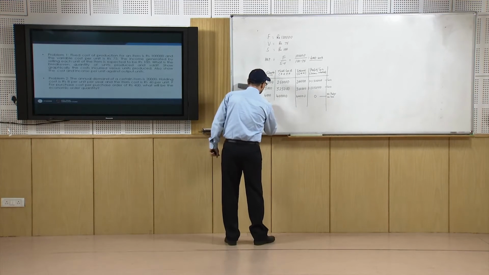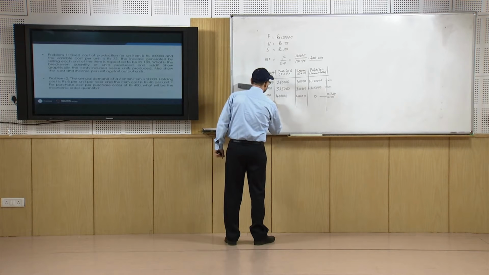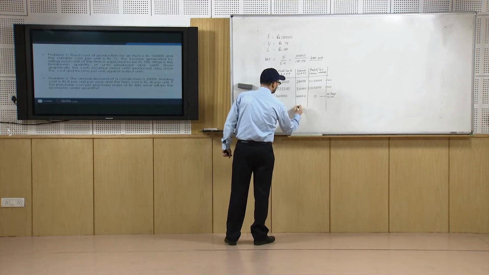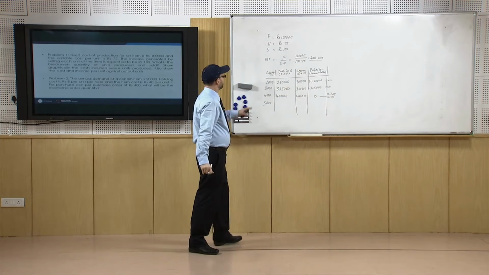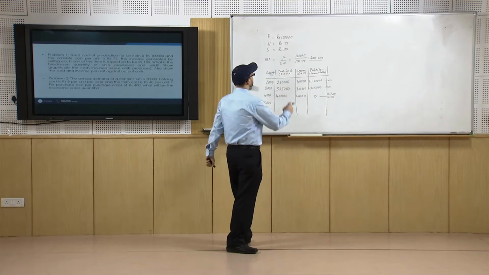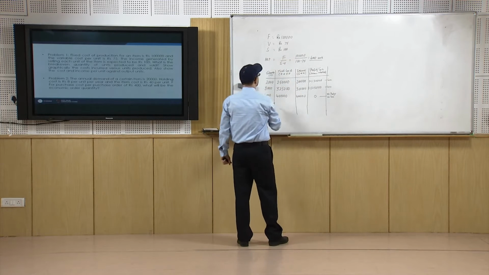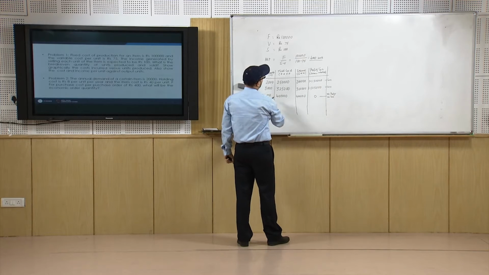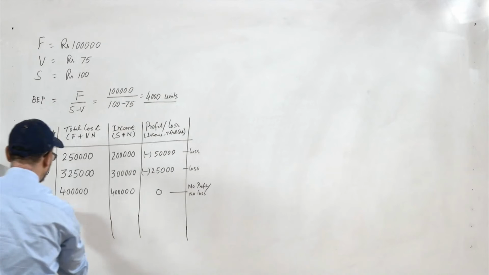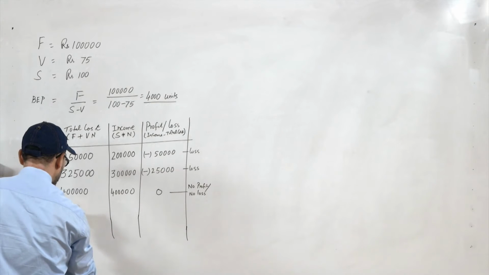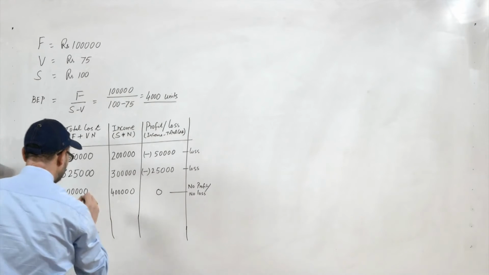So, further if you go to 5,000, for 5,000 total cost will be 1 lakh plus 5,000 multiplied by 75. So, it is 4 lakh 75,000.